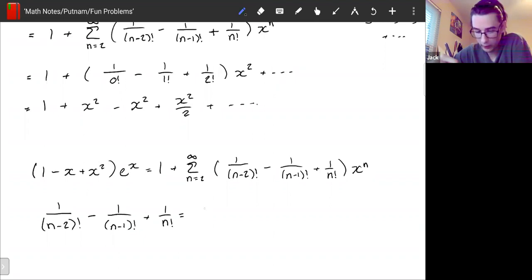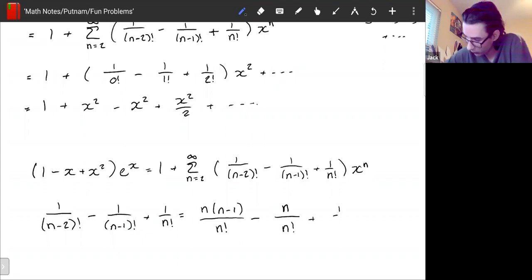And we'll get, let's see, n times n minus 1 over n factorial minus, the next one just needs an n, so n over n factorial plus 1 over n factorial. And now that we have a common denominator, we can actually add these up. And let's see, we'll get n times n minus 1 minus n plus 1 over n factorial.